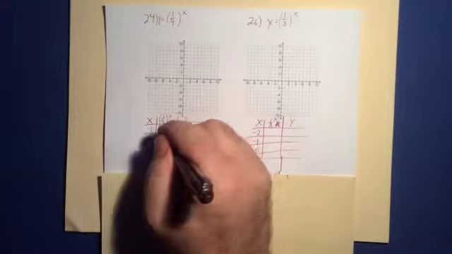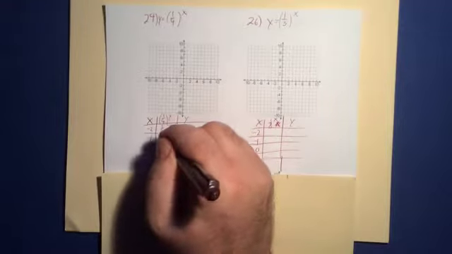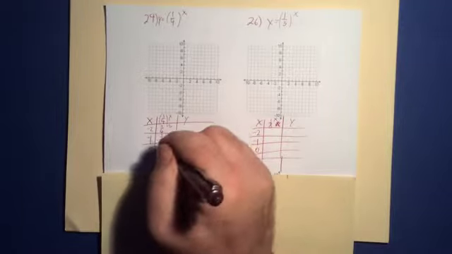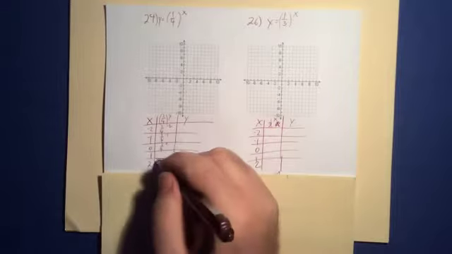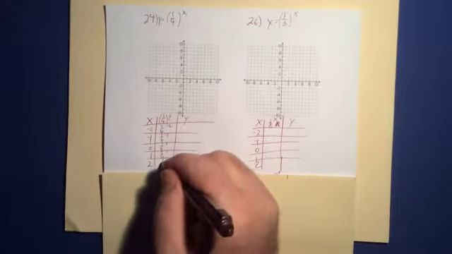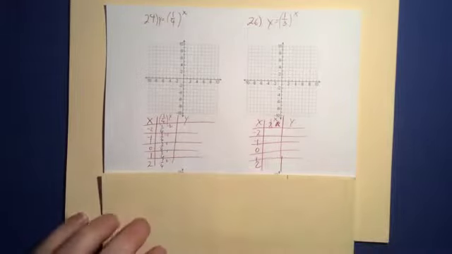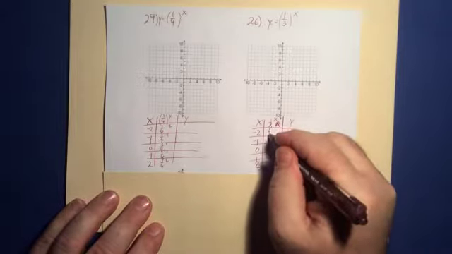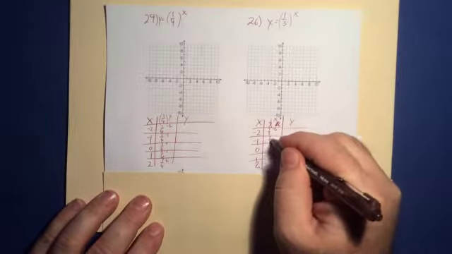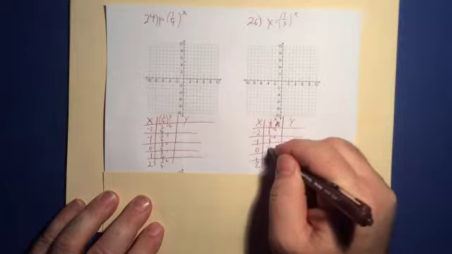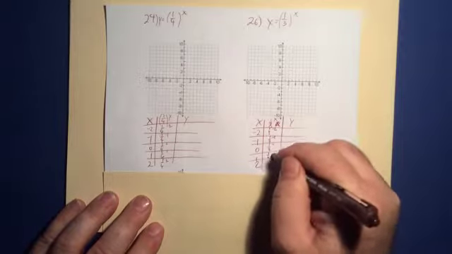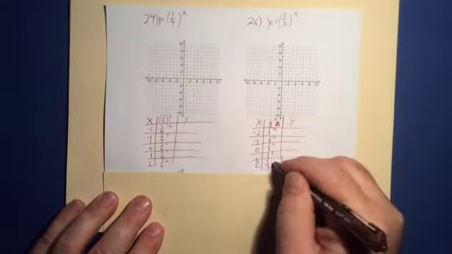So this would be 1/4 to the -2, 1/4 to the -1, 1/4 to the 0, 1/4 to the 1, 1/4 to the second. Then 1/3 to the -2, 1/3 to the -1, 1/3 to the 0, 1/3 to the 1, 1/3 to the 2.